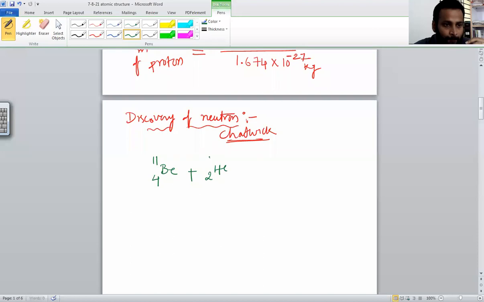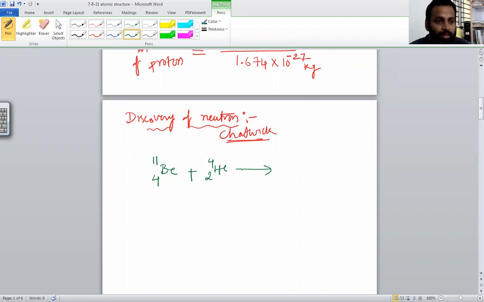Do you know helium? About isotopes, I told you in the bridge course. Don't worry, who was not there in the bridge course, we will repeat all these things again. 4 is the atomic number of beryllium and 11 is its mass number. Same for helium, atomic number is 2 and 4 is the mass number.